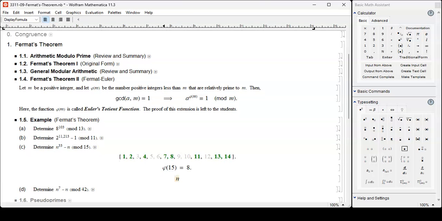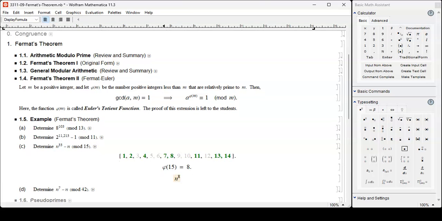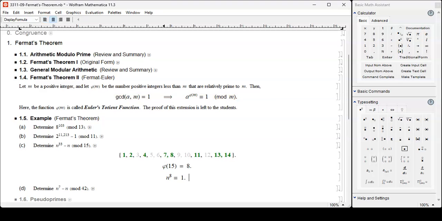So it looks like we have n to the 8th power is congruent to 1 according to Euler-Fermat theorem. Okay, all right. N to the 33rd power, you can rewrite it n to the 32nd power plus 1.